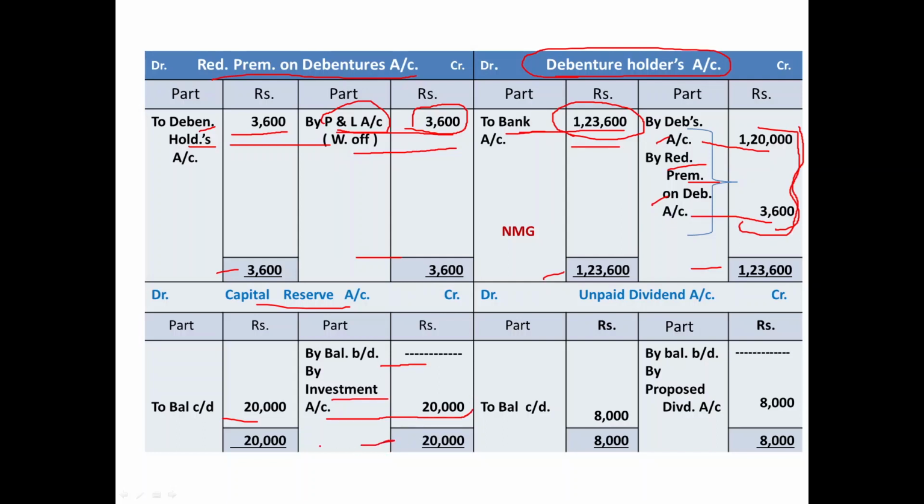Account is over. कोई ओपनिंग बैलेंस नहीं थी, क्लोजिंग बैलेंस 20. तो ये इस साल का जो प्रॉफिट हुआ, इन्वेस्टमेंट सेल किया, ये प्रॉफिट यहाँ ट्रांसफर किया है कंपनी ने. इन्वेस्टमेंट अकाउंट डेबिट टू कैपिटल रिजर्व अकाउंट क्रेडिट and this 20,000 remains in the form of closing balance at the end of the year. Account is over.